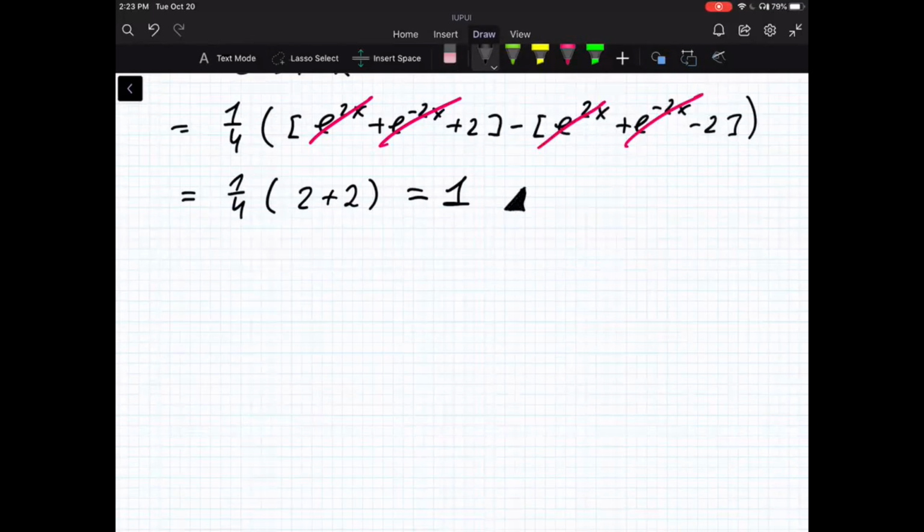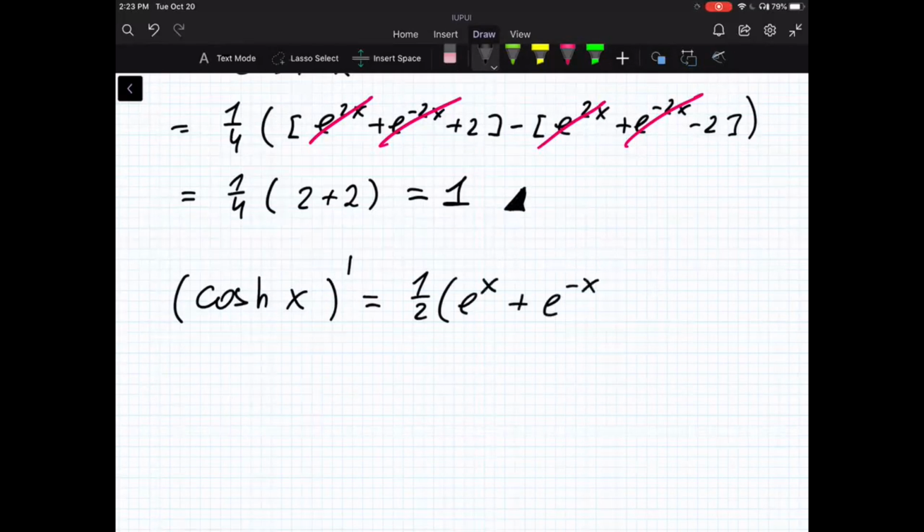And also you have another important property that if you consider derivative of hyperbolic cosine of x, which is 1/2 derivative of exponential of x plus exponential of minus x, that will be what? 1/2 derivative of exponential of x.